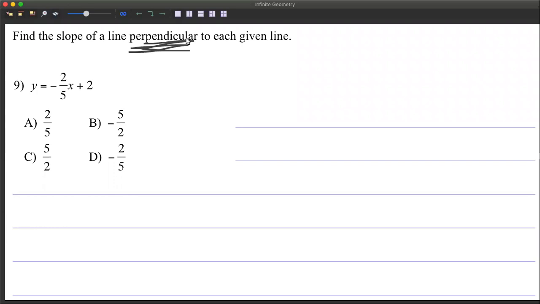I thought it was the first 6, but I guess it was the first 8 were parallel. But now it's perpendicular. So if you continued about your business doing parallel, well, then you're going to get all the perpendicular ones wrong. And so I hope that didn't happen for you. If anybody wants me to reset their homework grade, I'd be happy to do that for you.